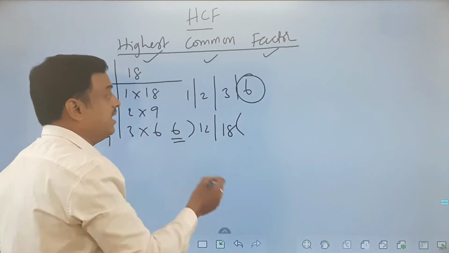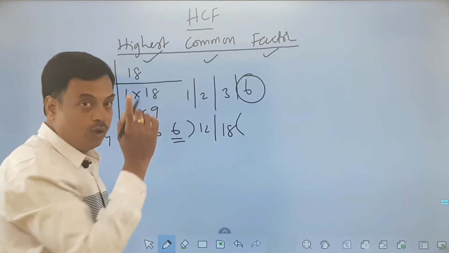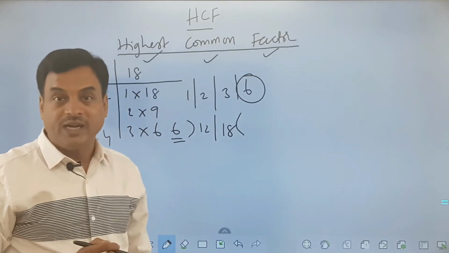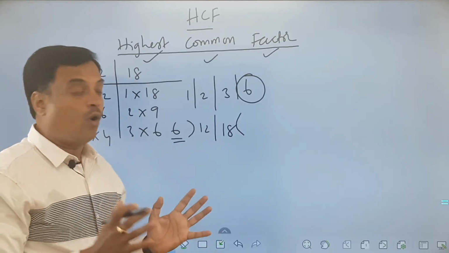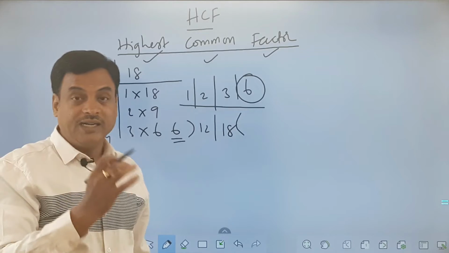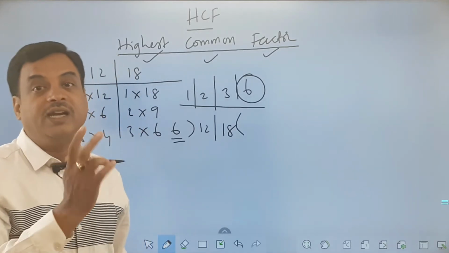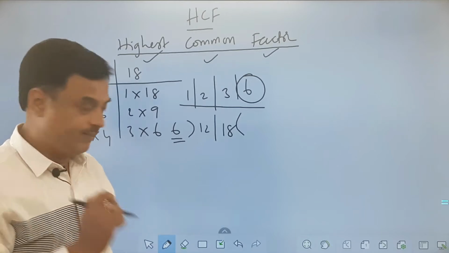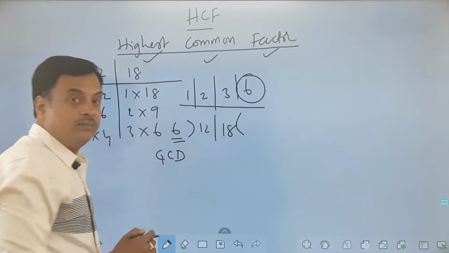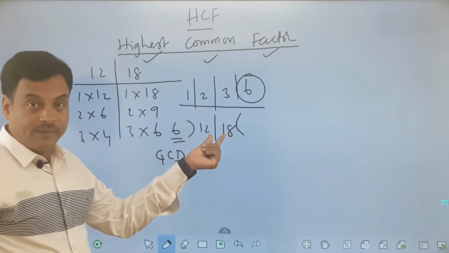If you look at the list, 3 also can divide both 12 and 18. 2 also can divide both 12 and 18. 1 also can divide both 12 and 18. But the highest among all is 6. So we call 6 the greatest number which can divide both the numbers 12 and 18. So now can I call it GCD? It's the greatest divisor value which can divide both of them.